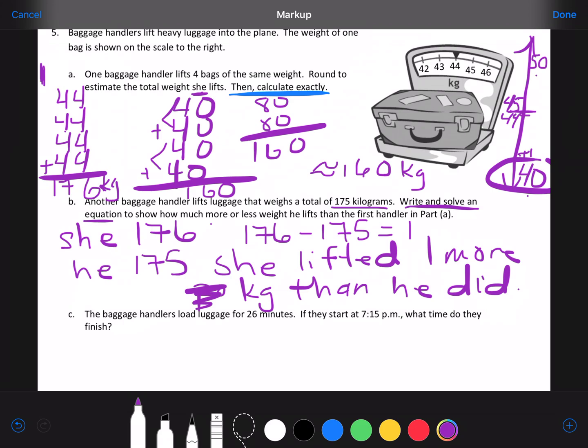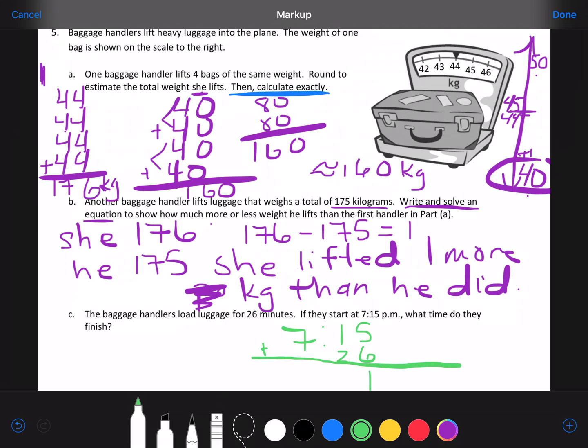All right, C. The baggage handlers load luggage for 26 minutes. If they start at 7:15 p.m., what time do they finish? So if they start at 7:15, then you can just add 26 minutes like this. As you get older, this way of adding won't always work because sometimes it'll go over into the next hour. But we're in 3rd grade, so it doesn't usually go over.